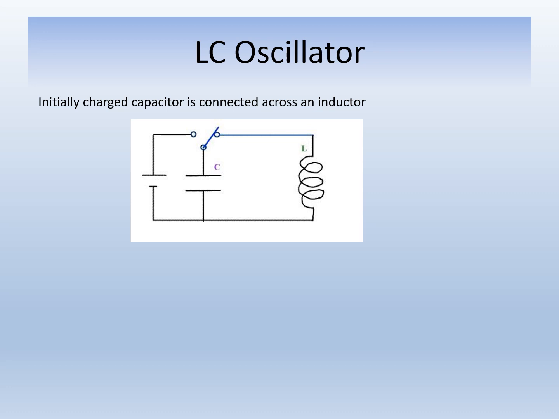Let's take the approach of charging the capacitor first. So let's turn the switch to the left and connect the capacitor across the battery. Then the capacitor will get charge from the battery and will reach the fully charged situation. When the capacitor is fully charged, we turn the switch to the right and connect the capacitor to the inductor.